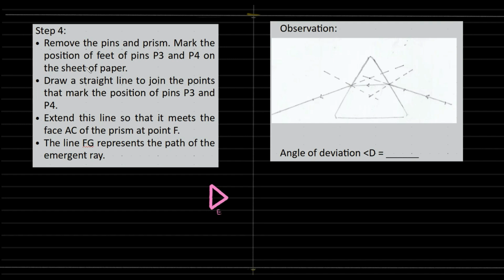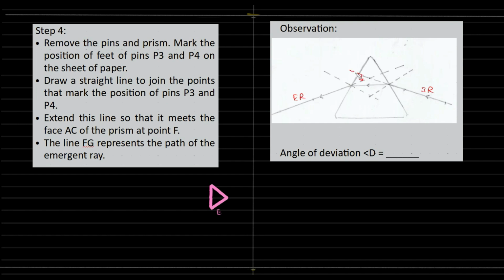Okay, so this is your incident ray, and this is your emerging ray. The angle between the incident and the emerging ray is your angle of deviation, so basically this angle.